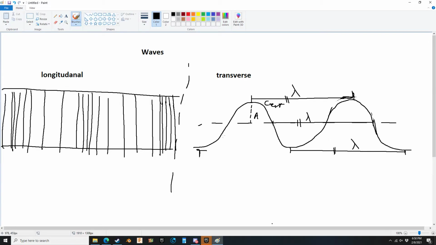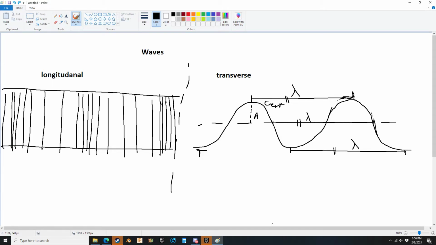You can even measure from here and go across, and that would still be one lambda because it's starting and ending the same. So you can still measure it like so, and that's one lambda, same as all of them.